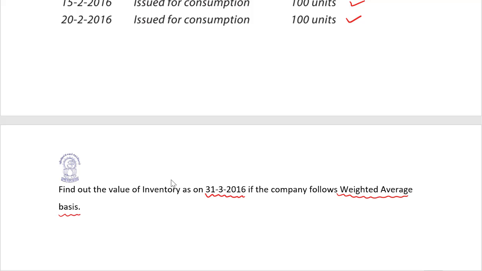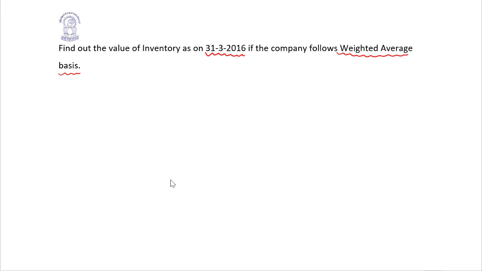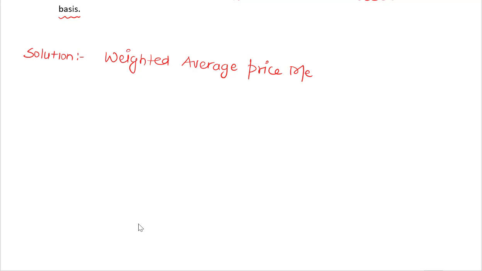Weighted average price method. So we need to solve this sum with the weighted average price method. Let us try and do it. Solution: weighted average price method, Shriram Mills.